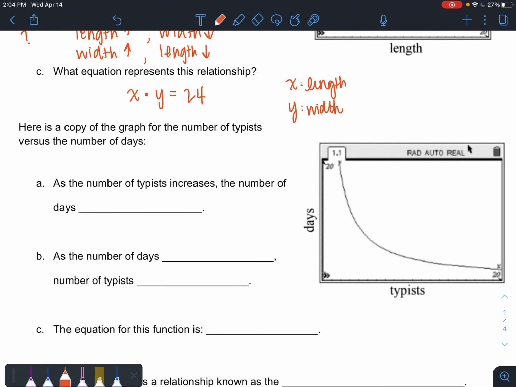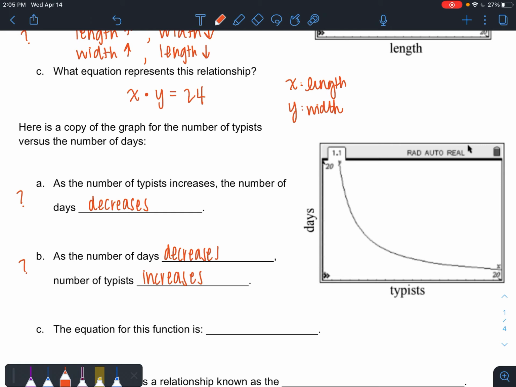Next, for the typists, I want you to go ahead and answer, as the number of typists increases, the number of days, what? You should say that as the number of typists increases, the days are decreasing. Then answer the next one: as the number of days decreases, the number of typists increases.